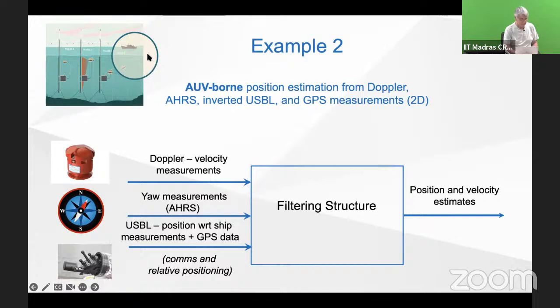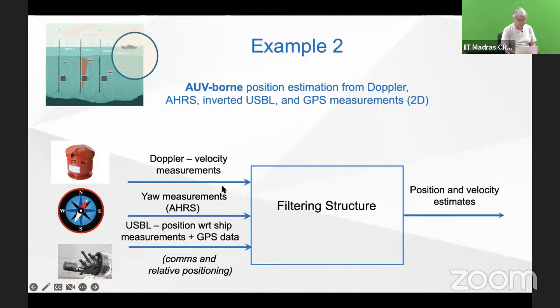And on board the ship, you have the ultrashort baseline unit that measures the relative position vector. And then you can transmit that information down. So once you combine GPS data and the relative position of the AUV with respect to the ship, you have the inertial position of the AUV that you can communicate to the AUV using a communication system.